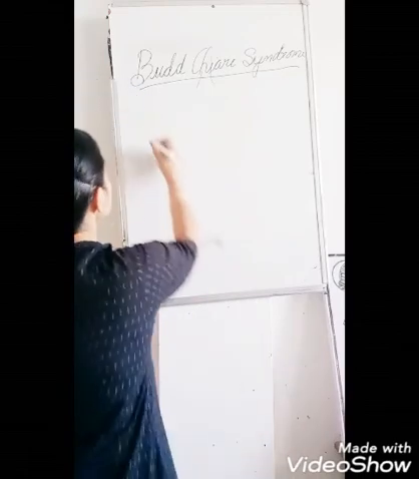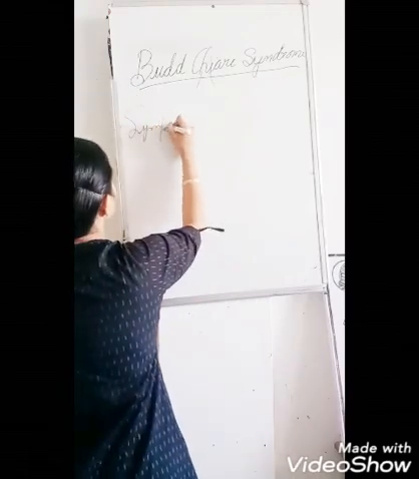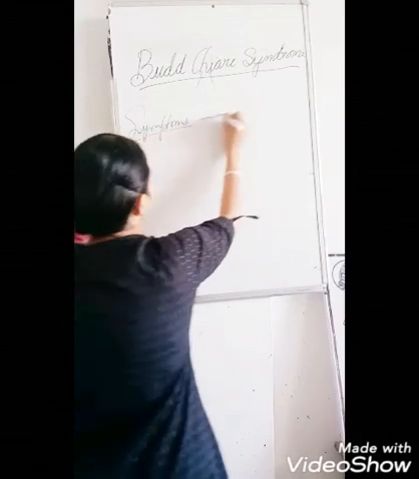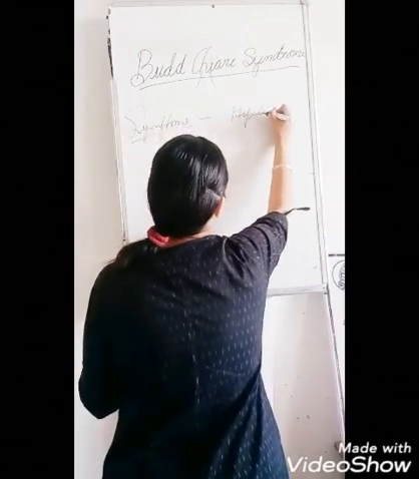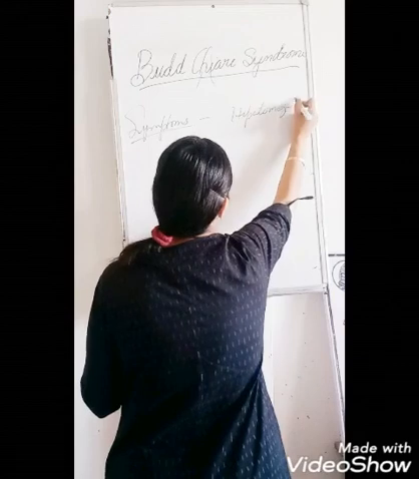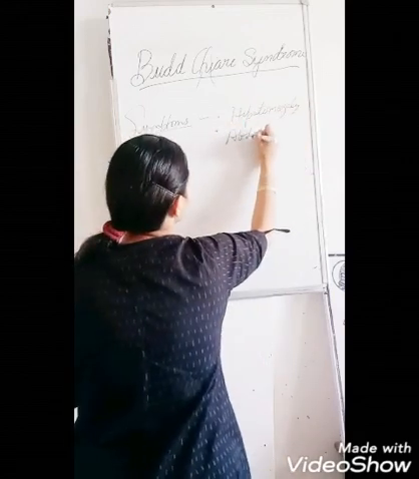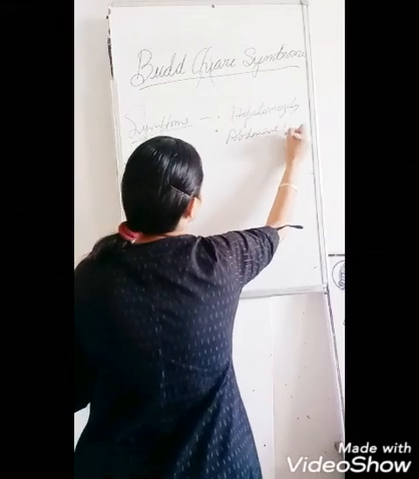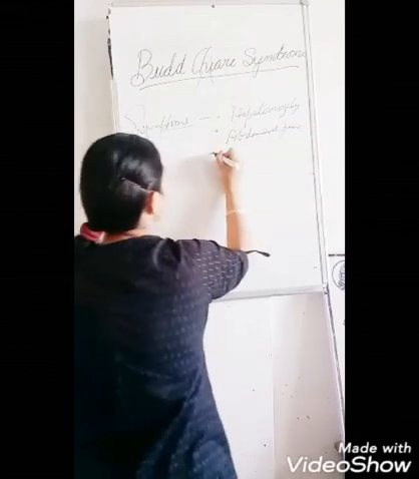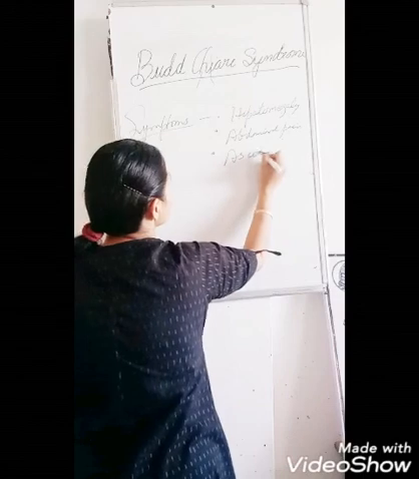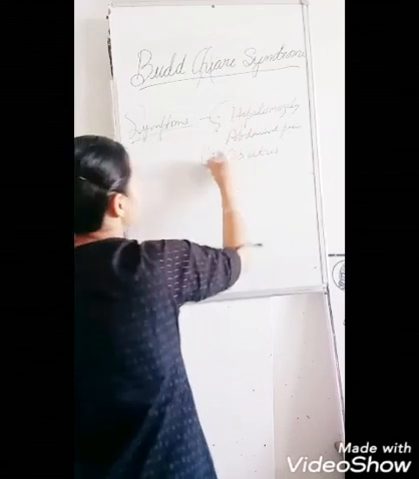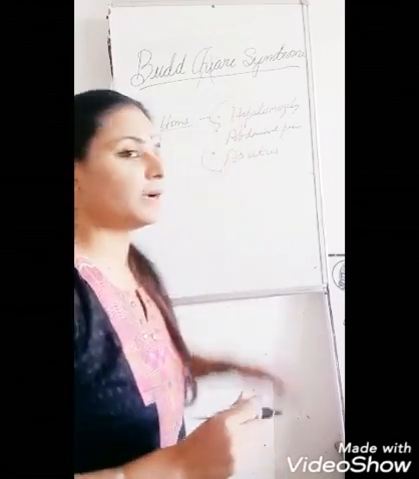In symptoms, there is hepatomegaly, then abdominal pain, then ascites. This is the triad present in Budd-Chiari syndrome.